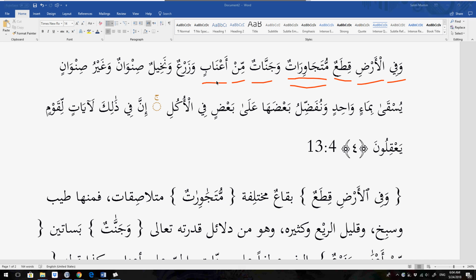وَجَنَّاتٌ مِنْ أَعْنَابٍ وَزَرْعٌ, and zar'un we would think of vegetation, crop. وَنَخِيلٌ, and this is the date palm. Sinwanun are the trees that have two trunks.